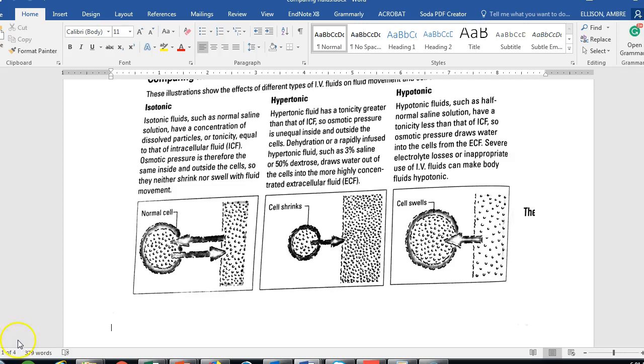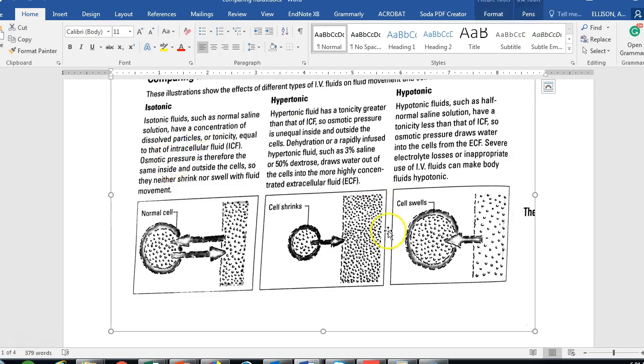So your hypotonic fluids right here, you're going to basically make your cell swell. That's this one right here.